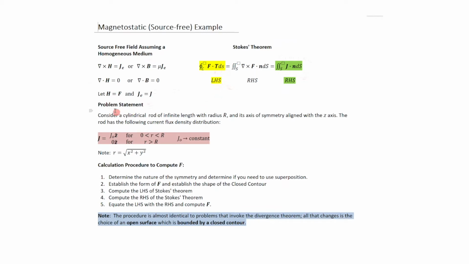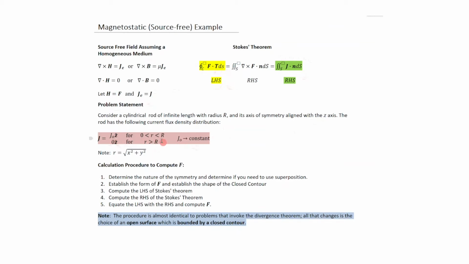The problem statement we'll use here is to consider a cylindrical rod of infinite length with radius capital R and its axis of symmetry aligned with the z-axis. The rod has the following current flux density distribution. For 0 less than r less than capital R, the current flux density is pointing in the z-hat direction, and J0 is a constant value.